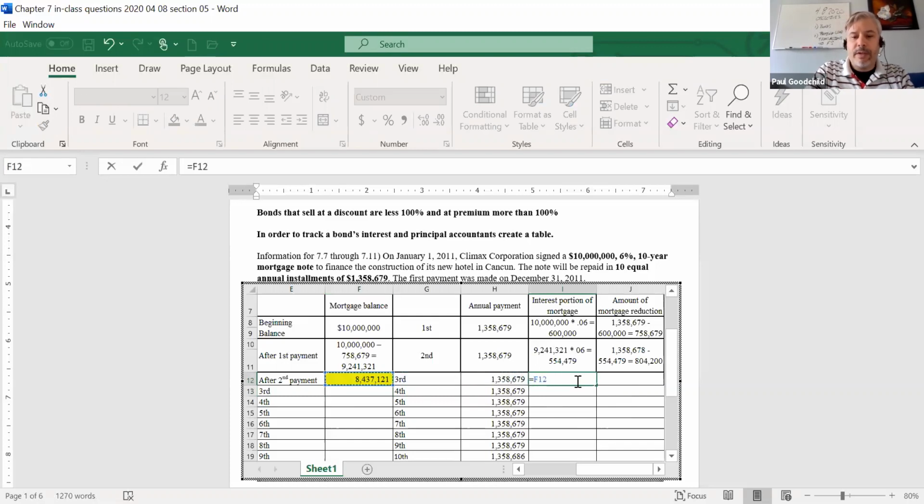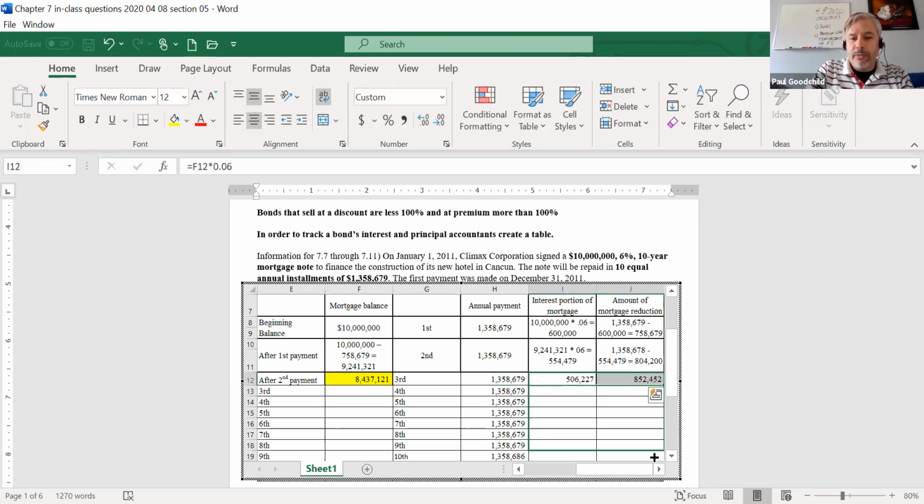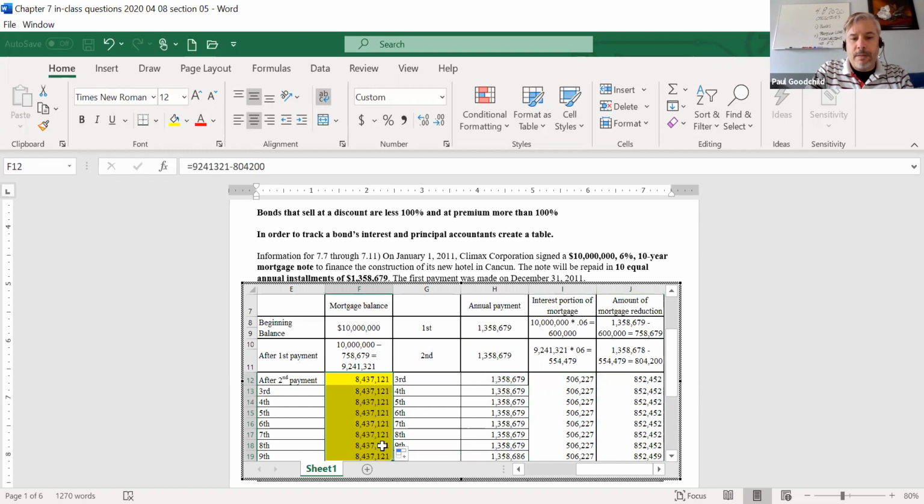Now I can use the Excel functionality and multiply that number. Then I can do some formulas. And then copy that down. Oh, that didn't work.